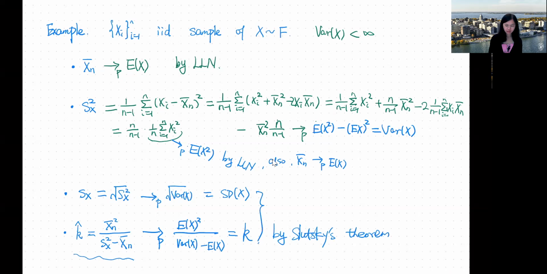So these are all by Slutsky's theorem. You can also show that this unadjusted variance estimator, which is 1 over n sum of (xi minus xn bar) squared, is also consistent for the variance of x.